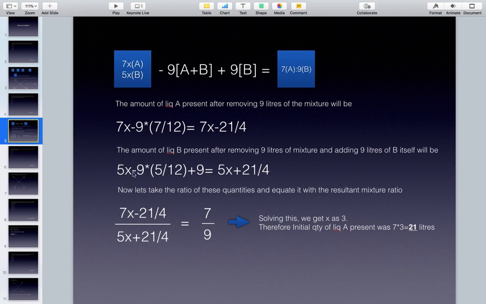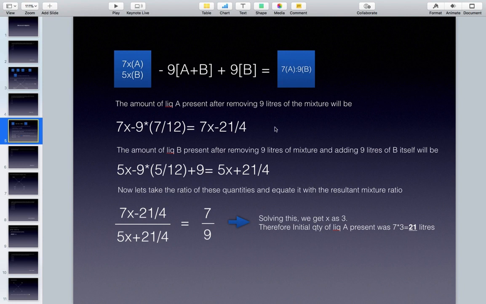So initially there were 5x liters of liquid B. So 5x minus 9 times 5/12, the amount of liquid B we lost when we take out 9 liters of the mixture, then plus 9 liters of B. Solving this, we get 5x plus 21/4. So this is what actually happens to the liquids A and B in particular.